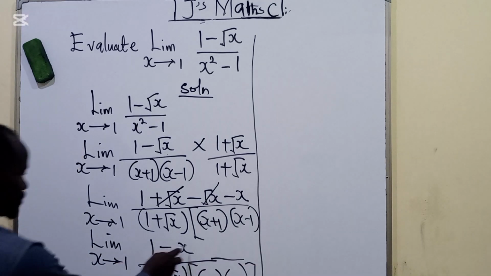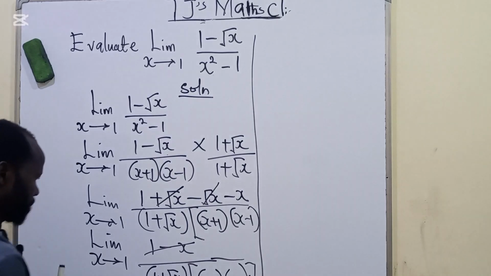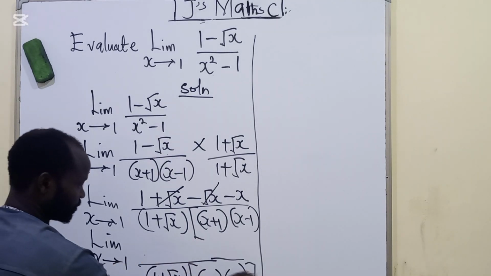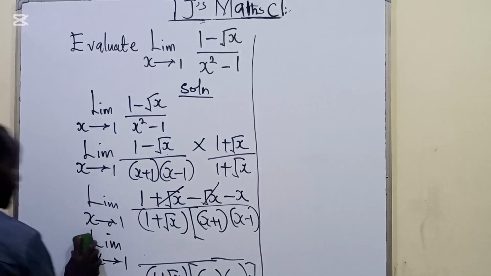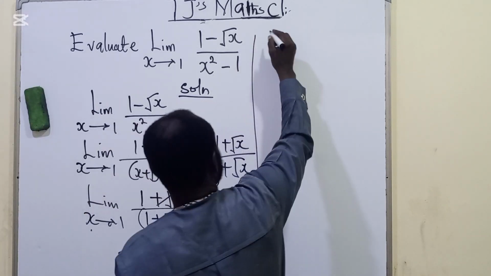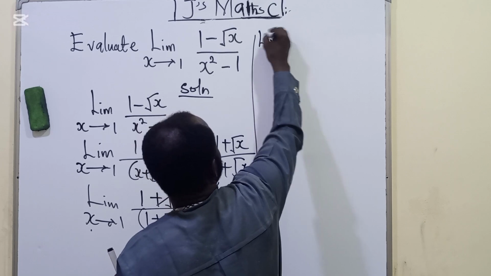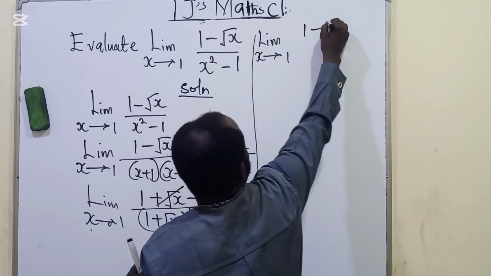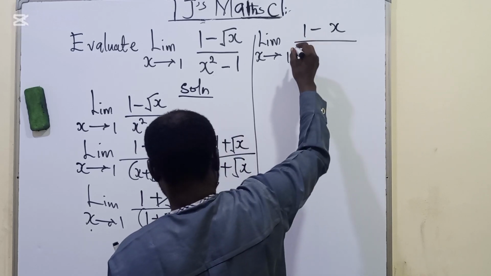Clearly, we can remove this, but before we do that, we have to adjust what we have in the numerator. In our numerator, we have 1 minus x.